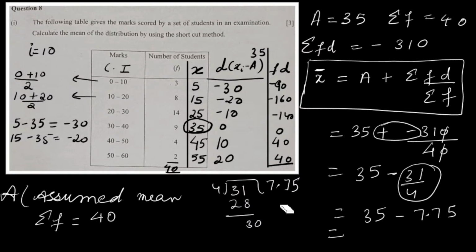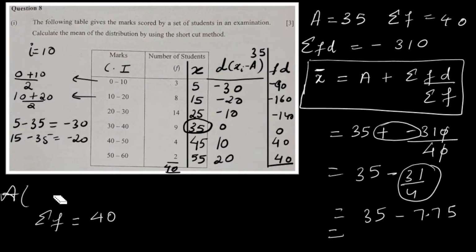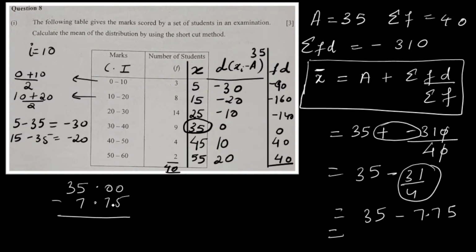If you divide 31 by 4, are you getting 7.75? See, calculations you can just share it with me so that I can see we all are getting the same answer. Okay, so 7.75. Now let's subtract from 35.